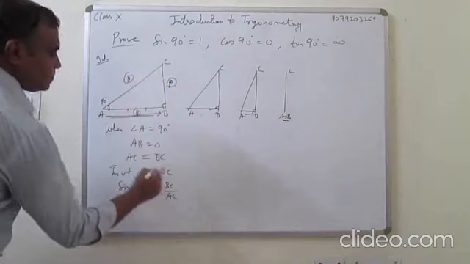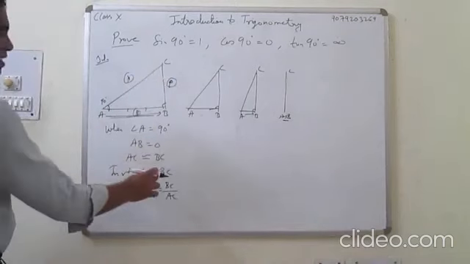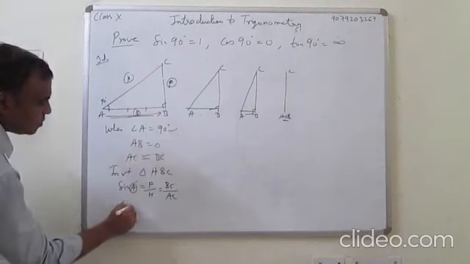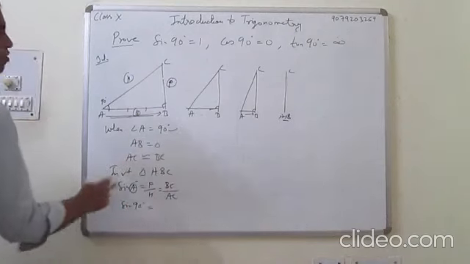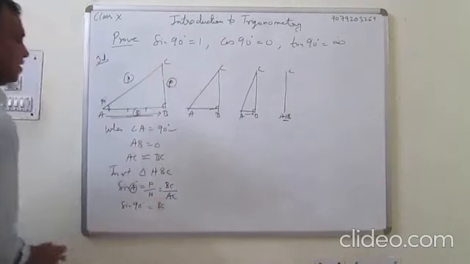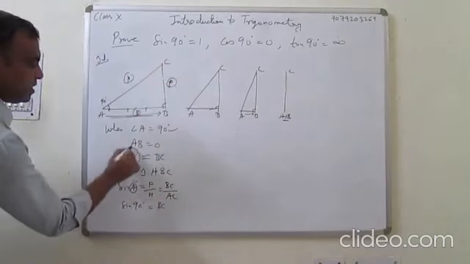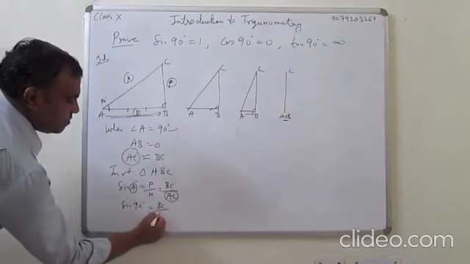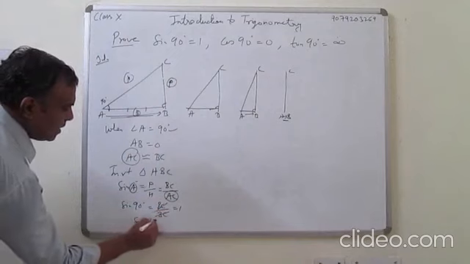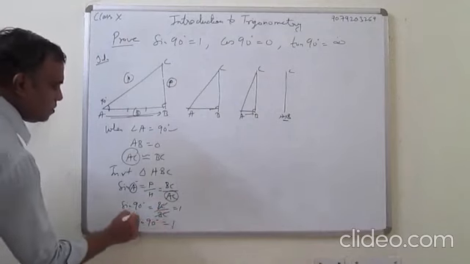AC. If A is 90, then what is the value of BC? BC is BC, and AC is BC, it will cut, it comes 1. So sine 90 degree is equal to 1.